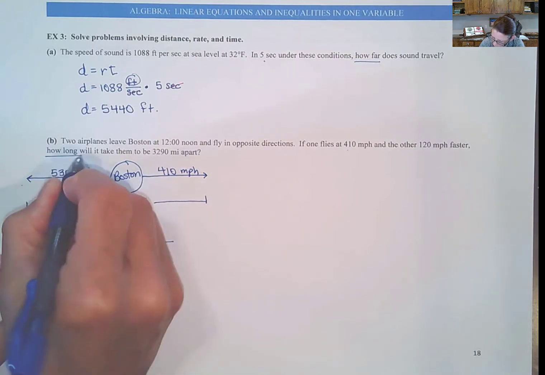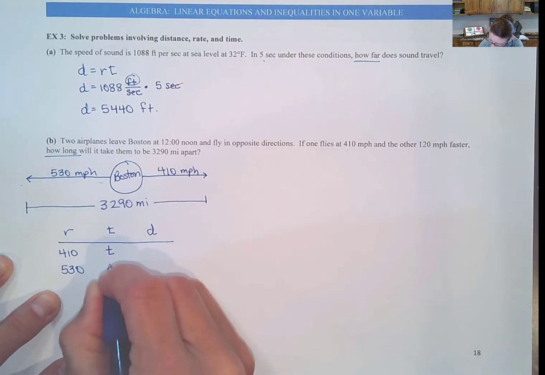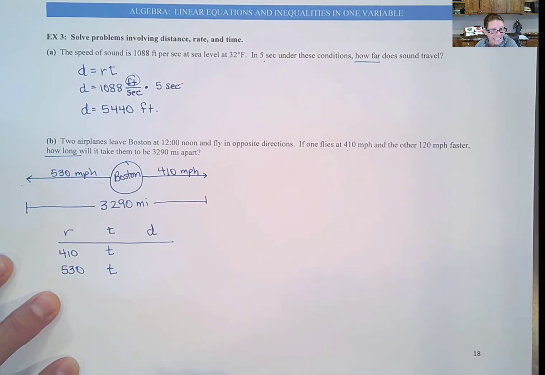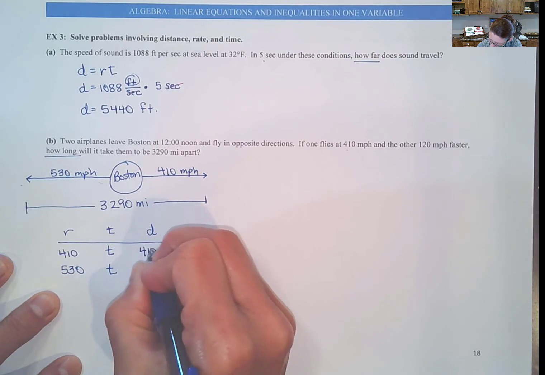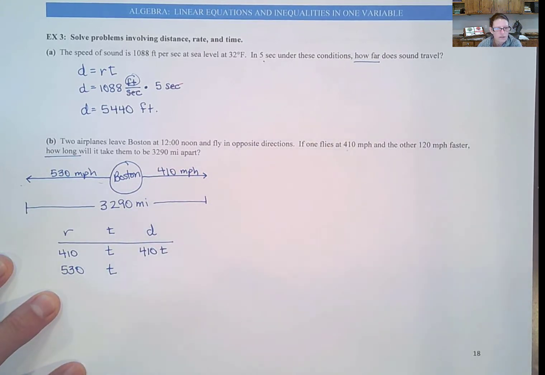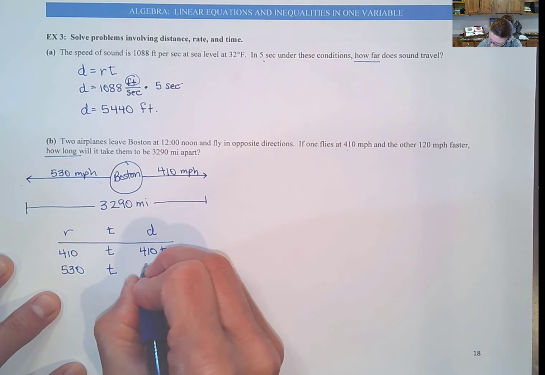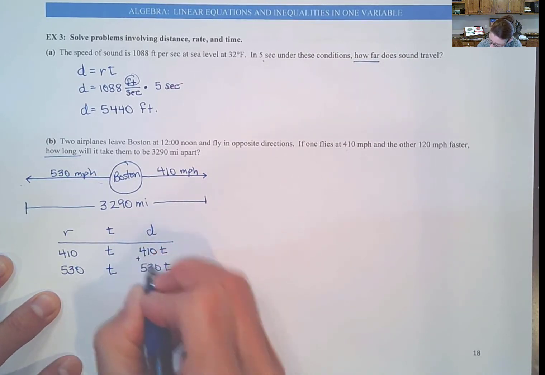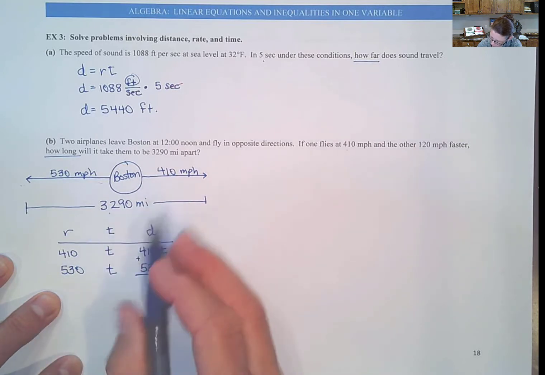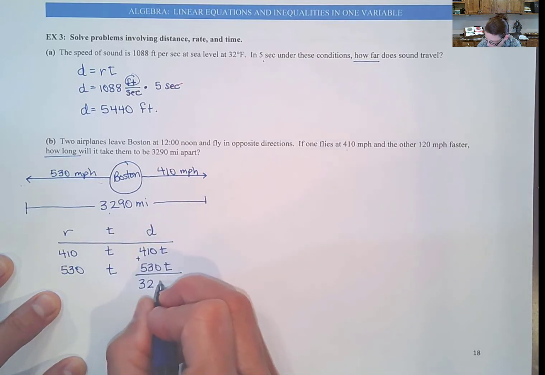The question is, how long does it take for this to happen? So I'm going to use the variable t for this unknown time. I'm going to multiply rate and time to get an expression for each distance. 410 times t and 530 times t. And we're going to add those two distances together to get a total of 3,290 miles.